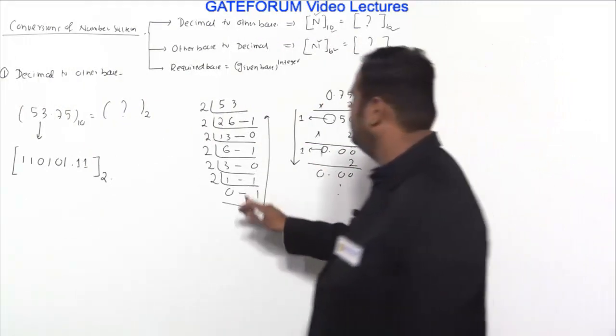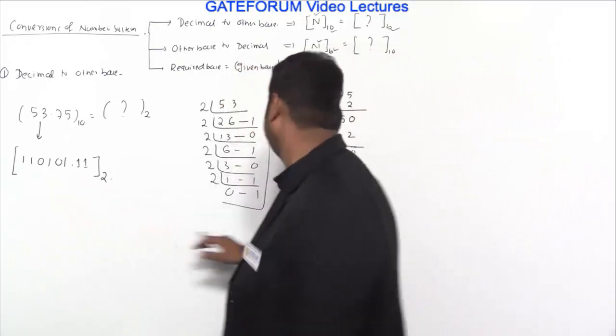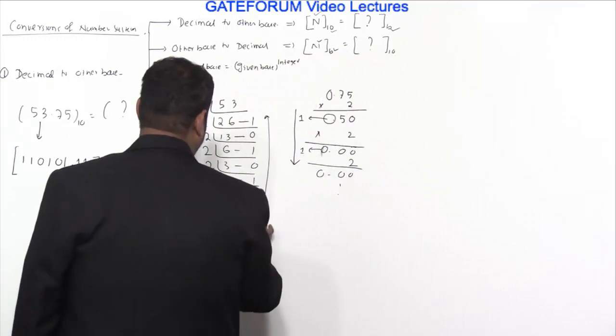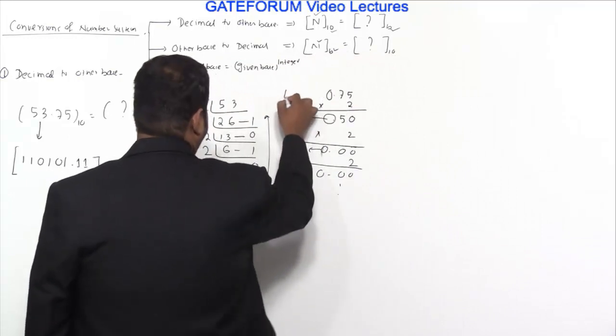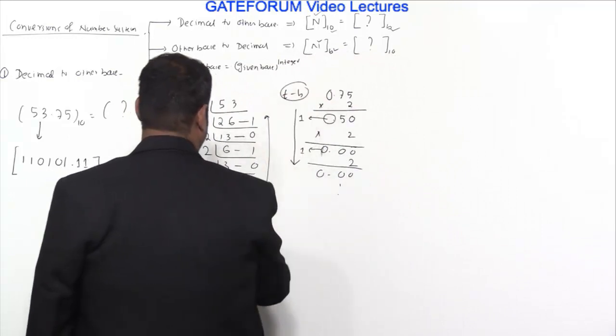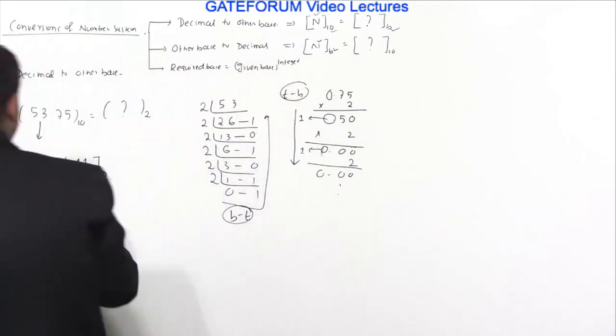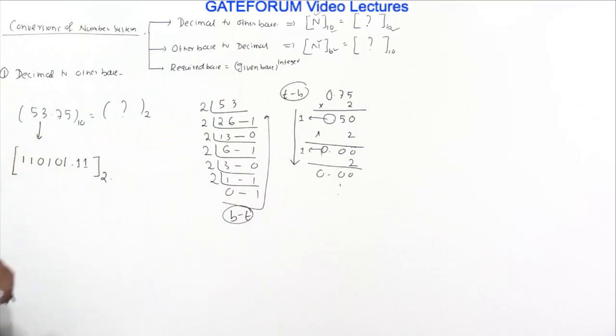So I have just done the integer part, I have written it here, and then the fractional part I have written here. For the integer part, you are going from bottom to top, and for the fractional part, you are going from top to bottom, right? So integer part is repeated division, and fractional part is repeated multiplication by the required base. Okay.